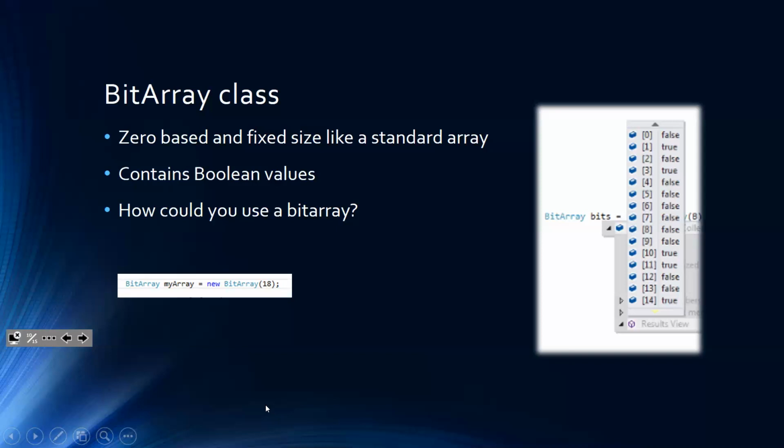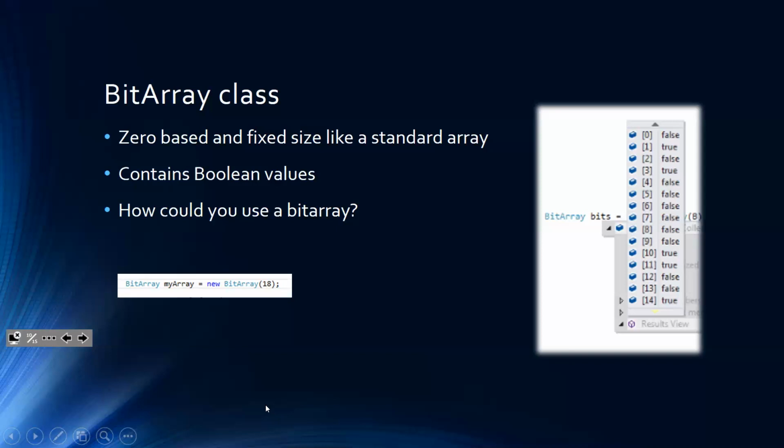This is a perfect implementation. Why? I'm only using 1 bit of storage for each of these values, just very minimal. Compare that to an integer array where I'm using, what, 4 bytes of storage for each of those values. It's substantially smaller, much less of a footprint.